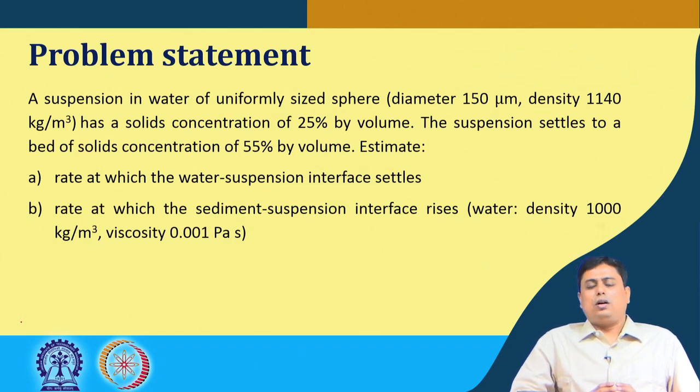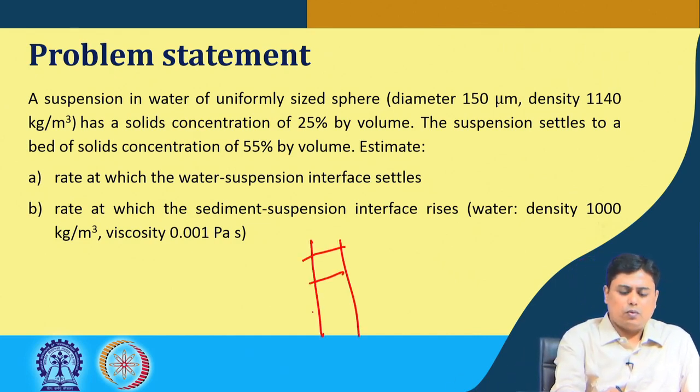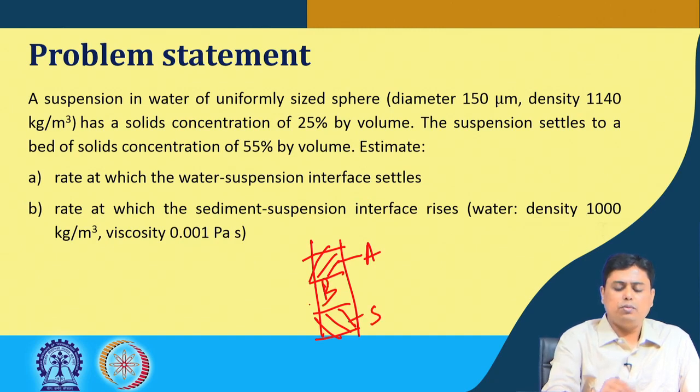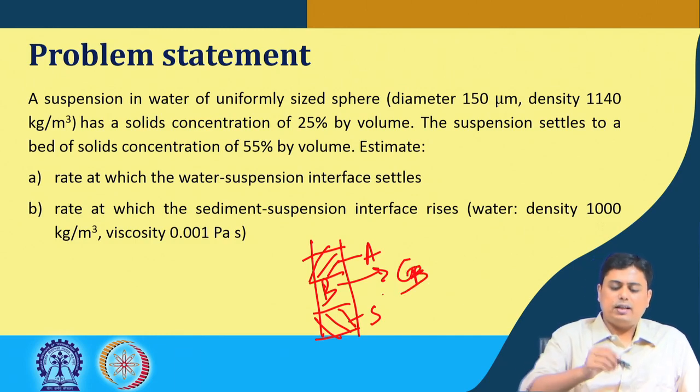So the homogeneous suspension concentration that you started with would be zone B, and the last portion, at the bottom, would be the sedimented portion, which is zone S. So we had zone A, zone S, and zone B that has the concentration that we started with, say CF, of the solids concentration, or here we mention it as CB.